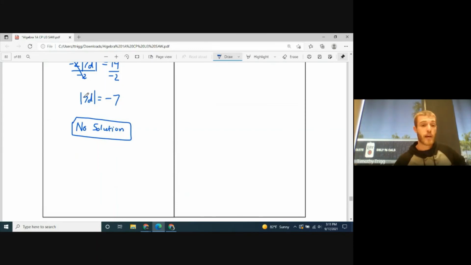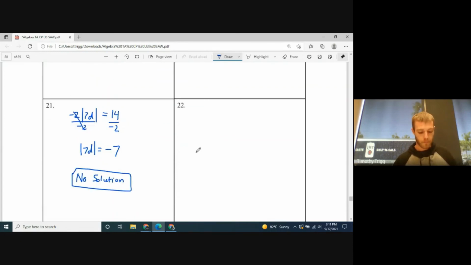So if you have the absolute value equals a negative, then that's going to be no solution. When you have the absolute value and there's nothing else outside of it on this side of the equation, and it equals a negative, that's no solution because you can't have an absolute value equaling a negative. So you have to watch out for that a little bit.